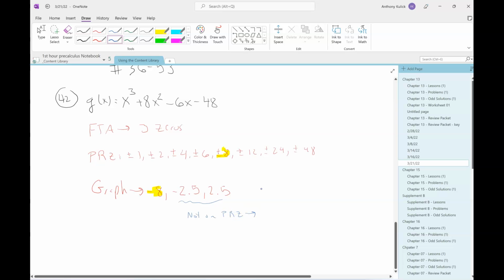What does the R in PRZ stand for? Rational. So what kind of numbers are still real numbers because we can see the x-intercept, but are not rational? What are those kind of numbers called? They're called irrational.